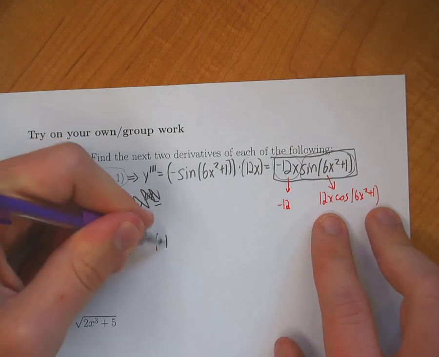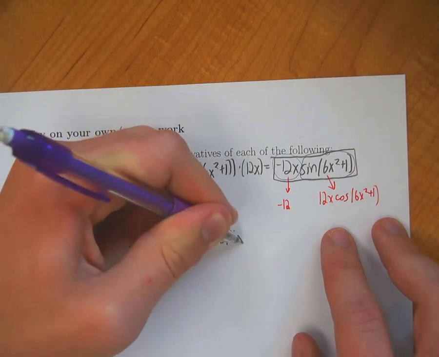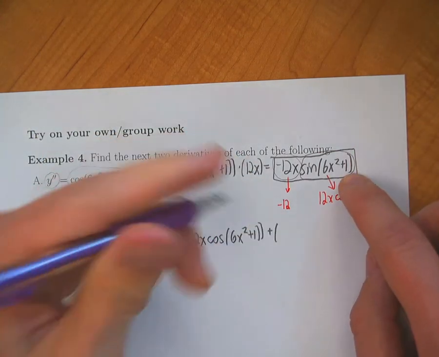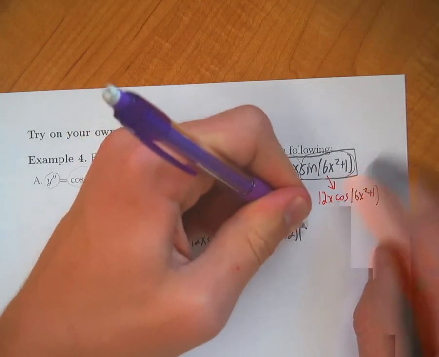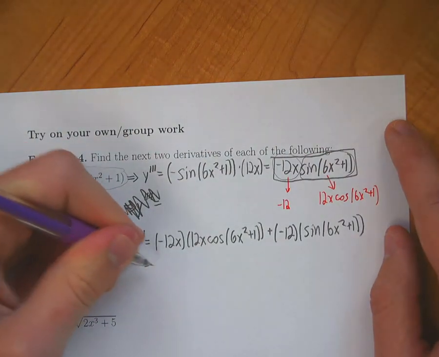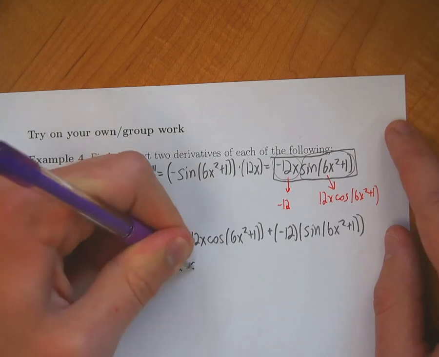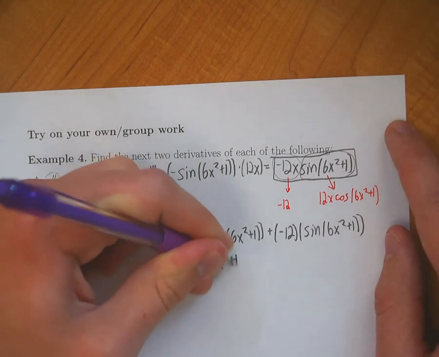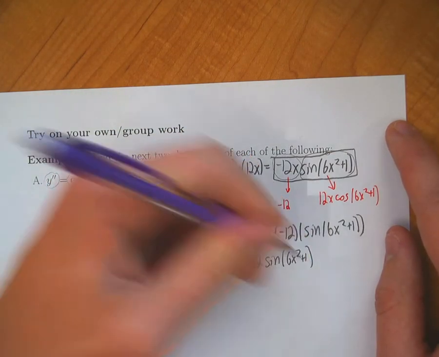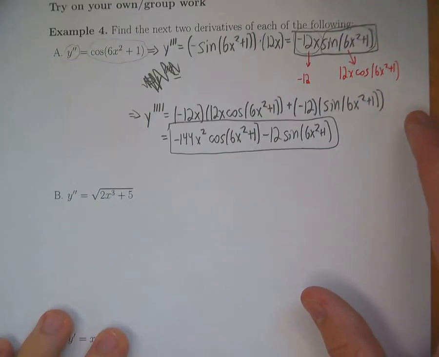So we have negative 12x times 12x cosine of 6x squared plus 1, plus negative 12 times sine of the quadratic, and 12 times sine of 6x squared plus 1. So as a result, you should have negative 144x squared times cosine of 6x squared plus 1 minus 12 sine of 6x squared plus 1. Okay. So that would be part A.